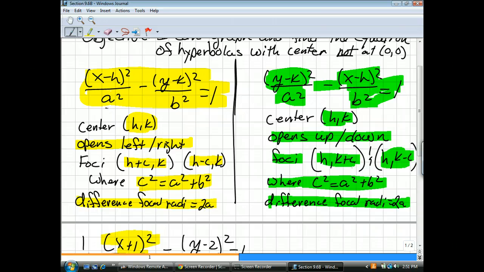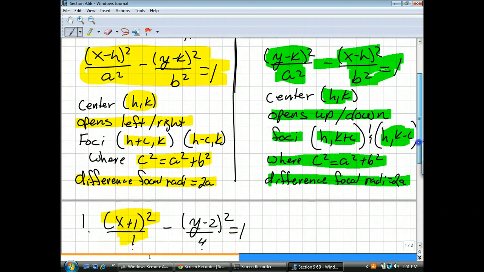And so when the y is the positive square, that means it's going to open up or down. The foci are going to be vertical. So it's going to be (h, k plus c) and (h, k minus c), where c squared equals a squared plus b squared. And again, the difference of focal radii is still 2a.